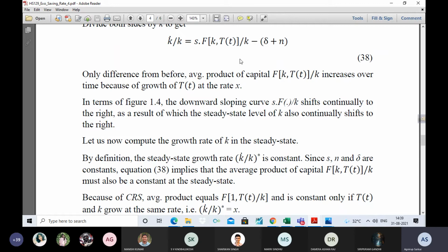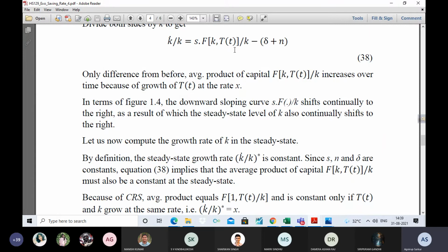In this particular equation, it would be implied that the average product of capital, F(K,T) by K, would also be constant in the steady state, right? Because of constant returns to scale, the expression for average product, F(K,T) by K, would equal F(1, T/K).